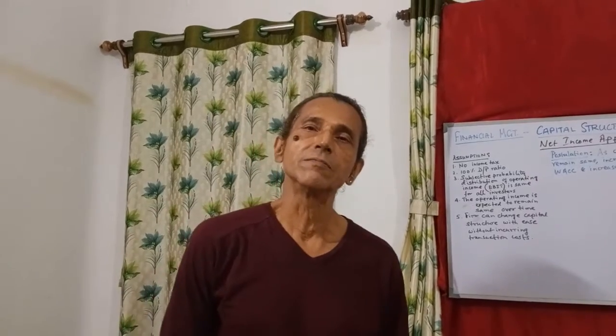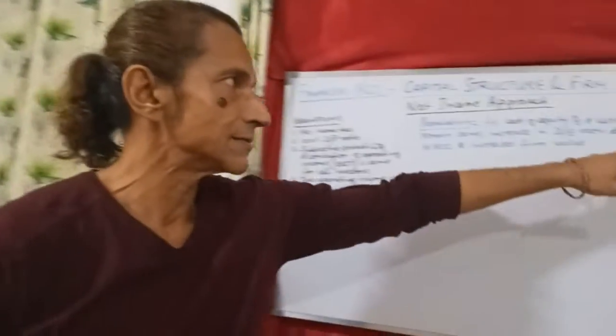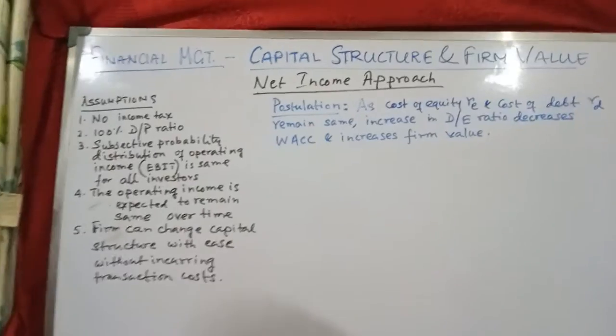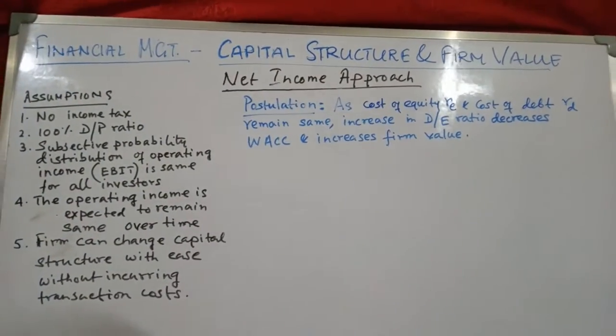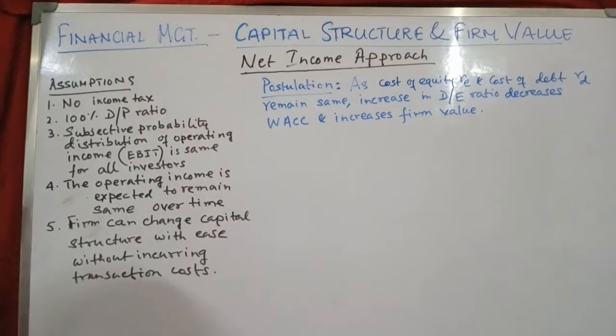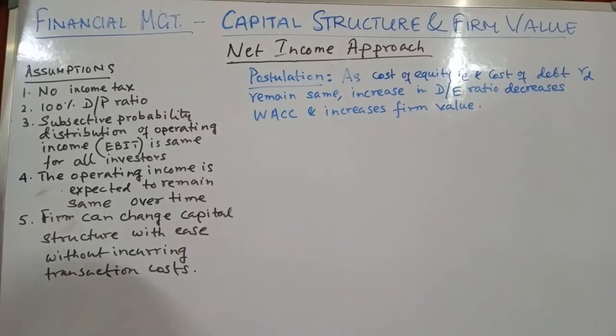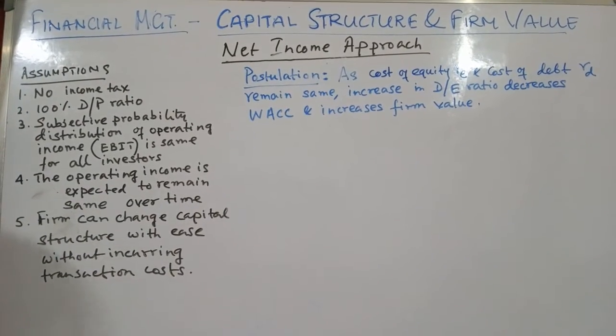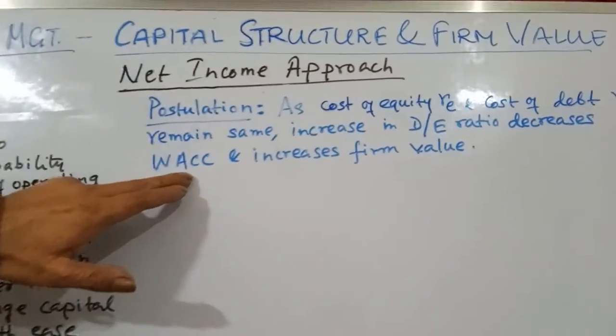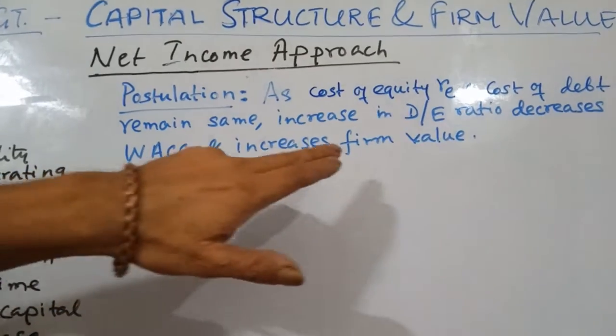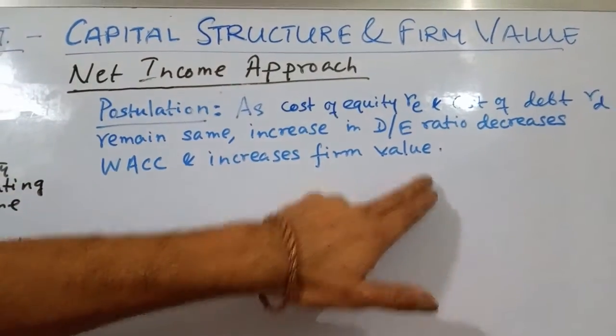The net income approach postulates that as cost of equity, that is RE, and cost of debt, that is RD, remain the same, an increase in the DE ratio, that is the debt equity ratio, decreases WACC, that is the weighted average cost of capital, and increases firm value.